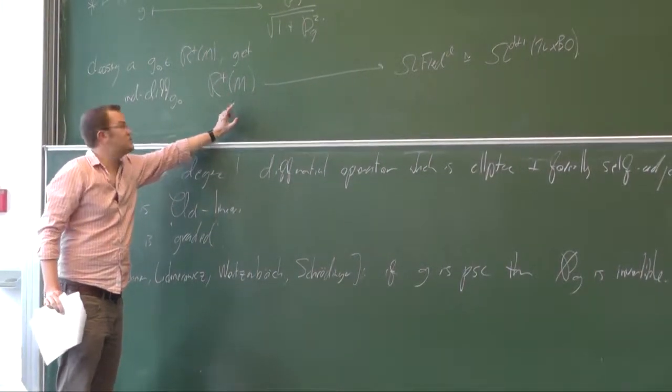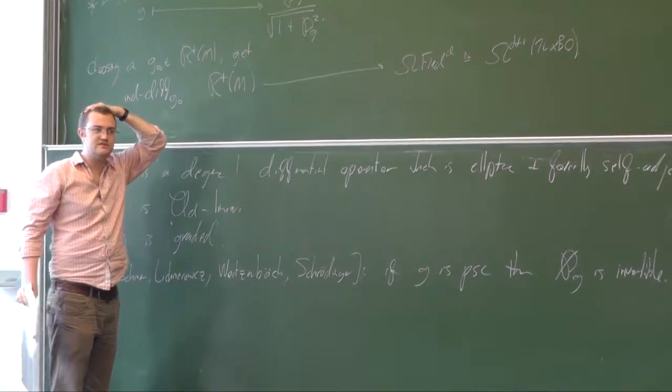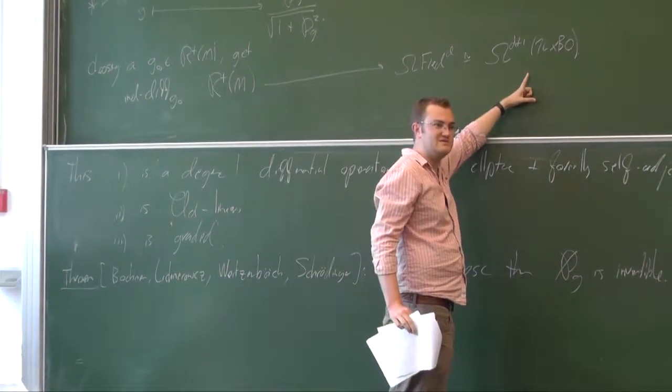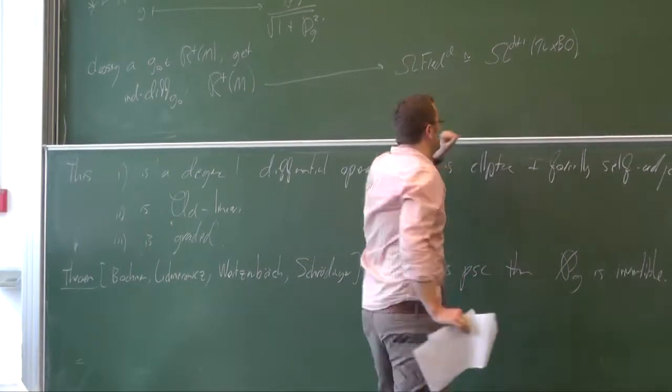Right? If you just had some loop in this space, how on earth do you know if it's non-null-homotopic or not? But if you can show it's not null-homotopic over here, where you know what pi 1 is, then you've won.